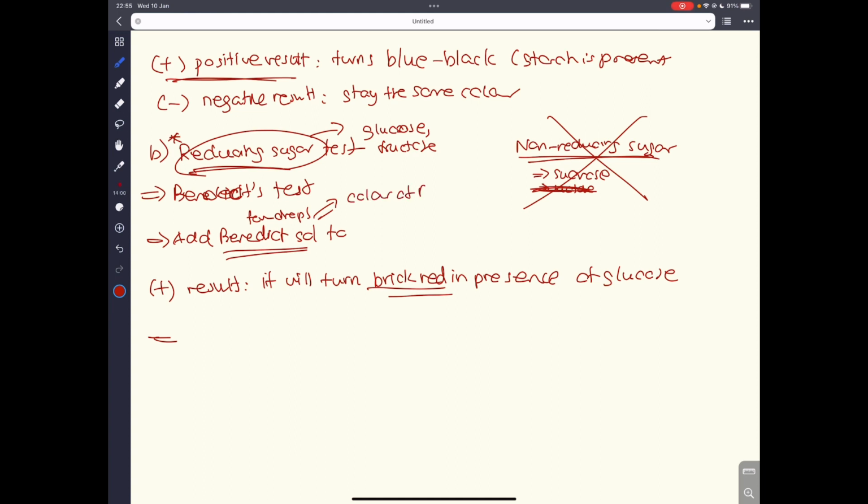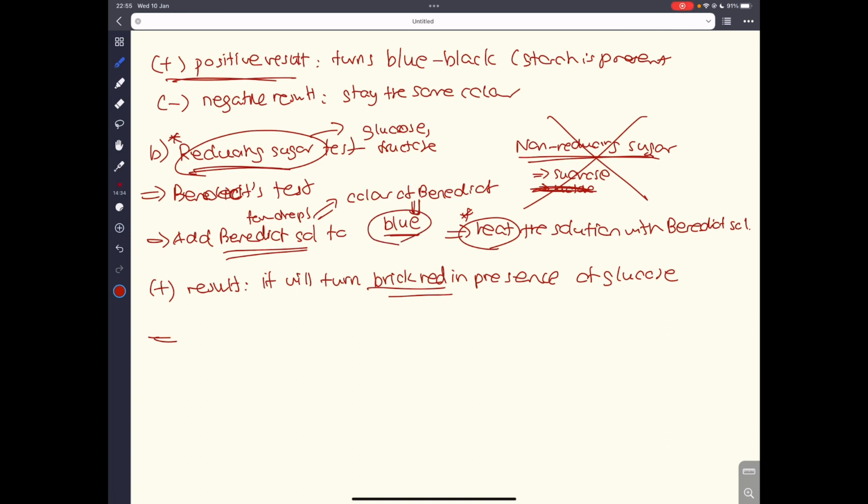Originally it is blue. However, we have to note another very important factor: we have to heat the solution with Benedict's. Only then will the test work. If you don't heat it, the color will still be blue.